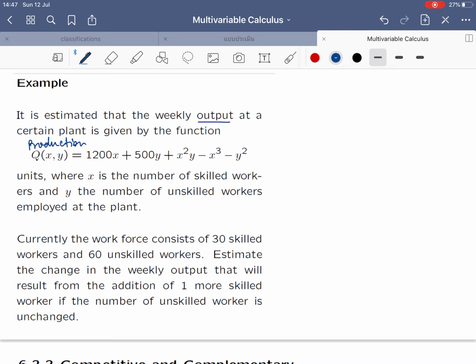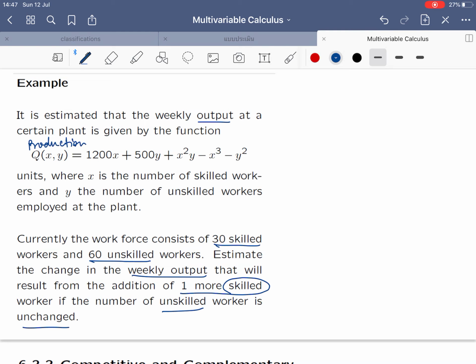So currently the workforce consists of 30 skilled and 60 unskilled. So you want to estimate the change in weekly output that will result from the addition of one more skilled worker, and the number of unskilled unchanged.